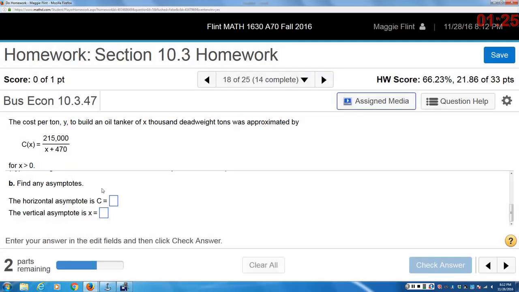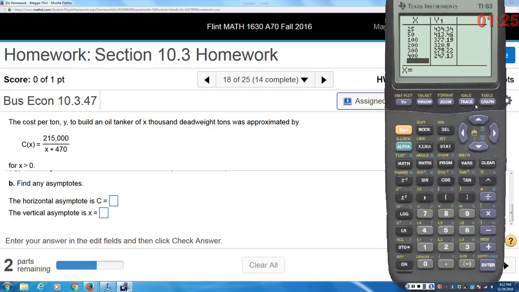And the asymptotes, well, for that we would graph. And given that they're looking at such large values of x, I would think we probably want to do the same thing. So I'm going to go from 0 to 500 in increments of 25. And then I'm going to let the calculator figure out what y needs to be rather than me do it. So I'm going to do a zoom fit.